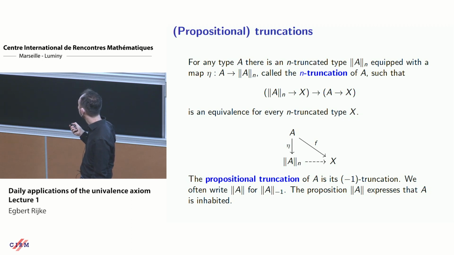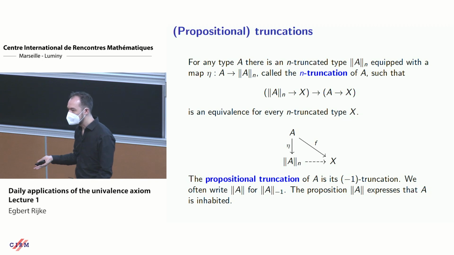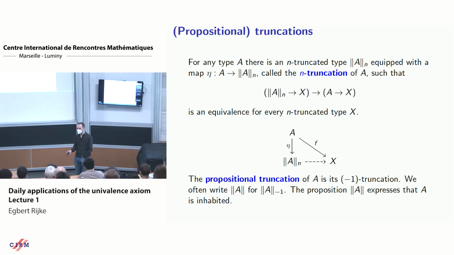So when I write this, it means the propositional truncation of A. And because this should be a proposition, we can ask, what does that proposition say? It says that the type is inhabited, potentially without giving you any element of the type. So this is the inhabitedness proposition.